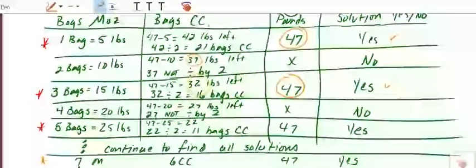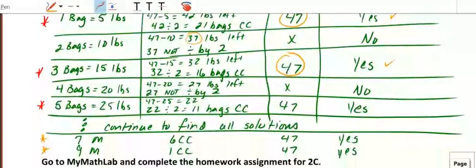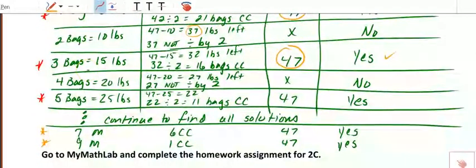Since 2 divides into 32 evenly, it gives me 16 bags of cheddar cheese. So 3 bags of mozzarella and 16 bags of cheddar cheese would give me 47 pounds, and yes, that's a solution. So continuing in this fashion, go to 4 bags, 5 bags, 6, 7, 8, 9.